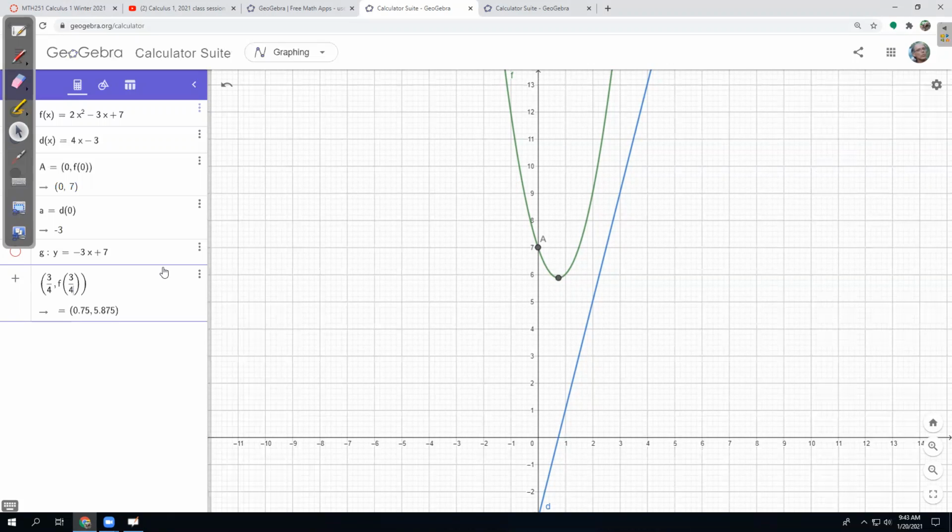What's the slope at the bottom? Anybody want to guess at that? If I calculated that right, I think I did. That looks like it's at the bottom, yeah. What's the slope there at the bottom?